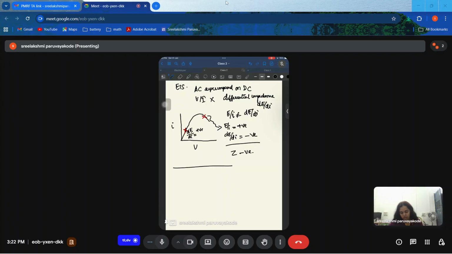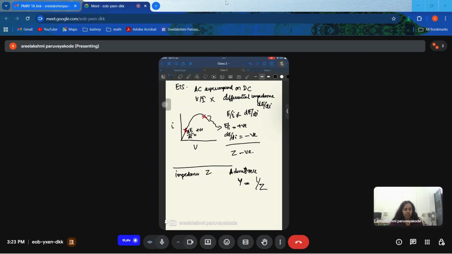Now the next thing we have to understand is impedance, which we usually notate using Z. We also have admittance, which is Y, the inverse of the impedance.